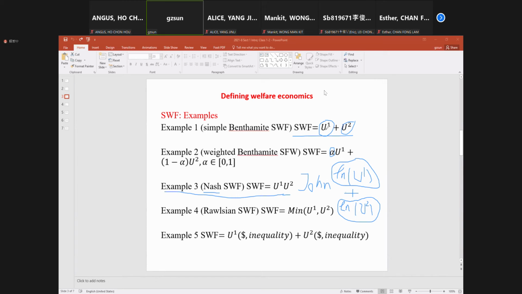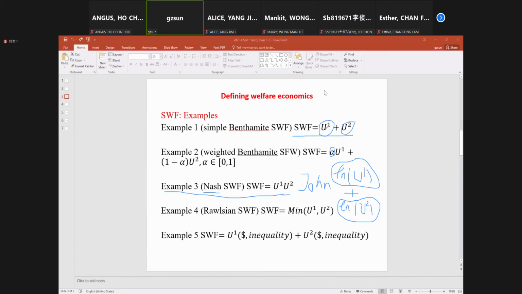But for any given utility function, we can make whatever monotonic transformation, and an increasing monotonic transformation of the given utility function is still a utility function.